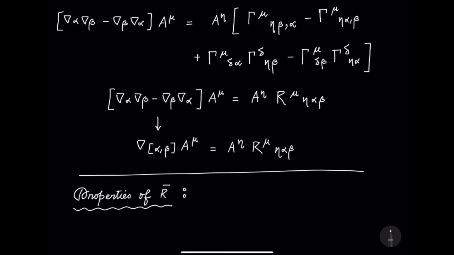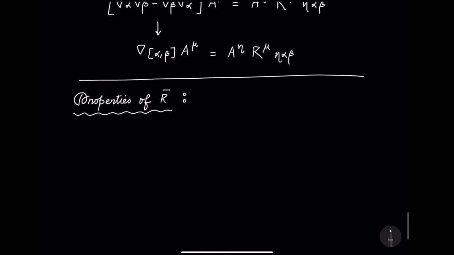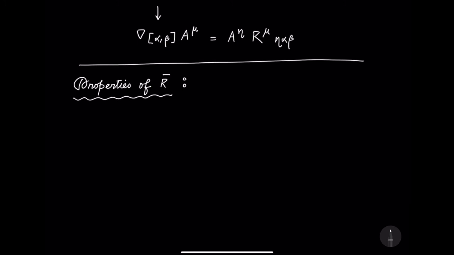But if we can find properties in terms of some equations, then those equations, if we find them in any coordinate system, because they're tensor equations, should be valid in all coordinate systems. So what we'll do is write down the Riemann curvature tensor in a local inertial system or flat spacetime.